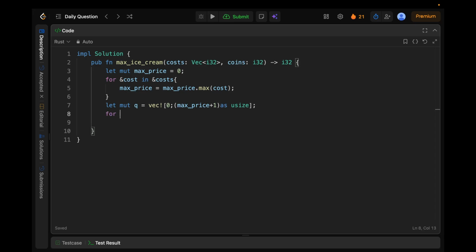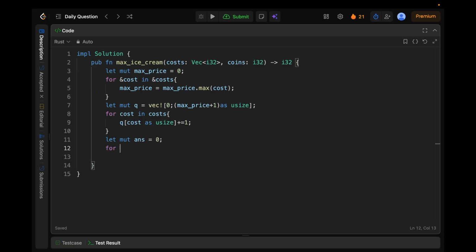Now I update my q vector. So for cost in costs, q of cost plus equal to 1. Now I create a variable called answer that stores how many ice creams I bought in total.